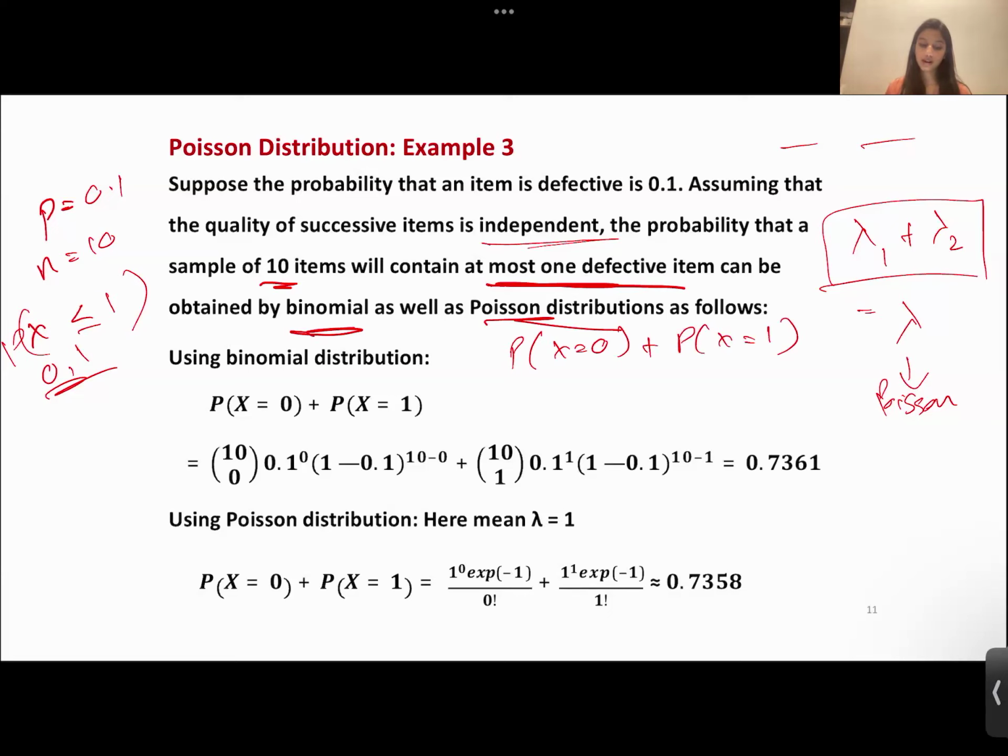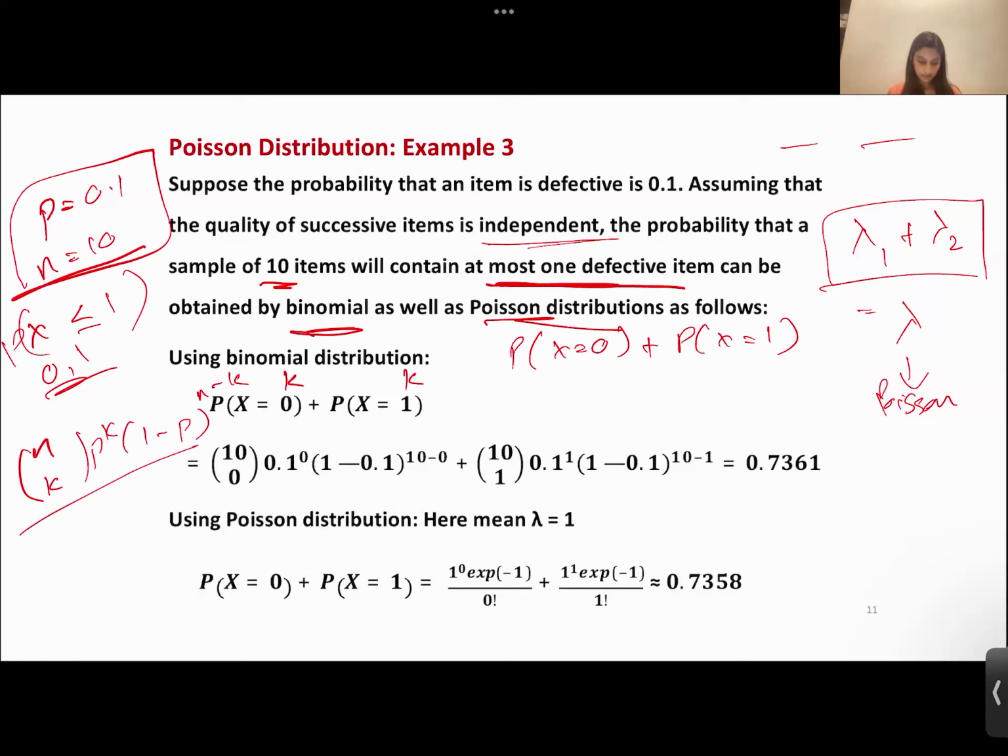If you apply the binomial distribution, you substitute the values n and p in the equation n choose k, p to the power k, into 1 minus p to the power n minus k. Here 0 and 1 are the values of k. This is the formula for the binomial distribution.